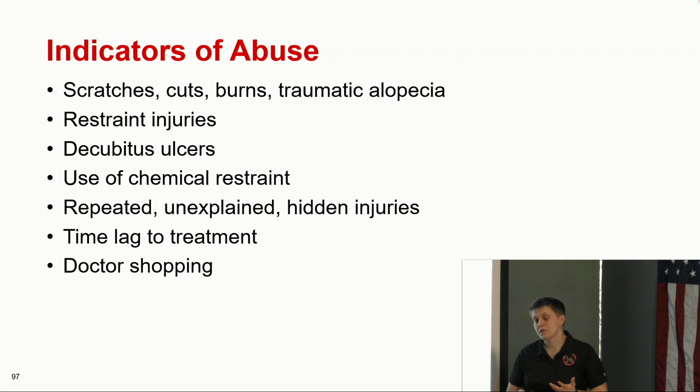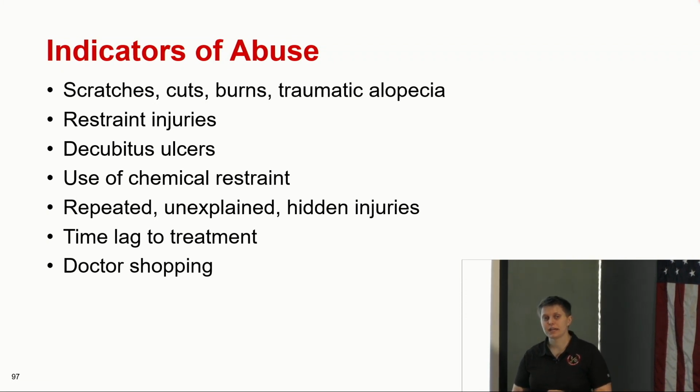Decubitus ulcers, although they're common in elderly patients who are sedentary or non-mobile, particularly our nursing home patients, a poorly cared for wound may be a sign of neglect. Use of chemical restraints, so patients who have strange things on their medication list, or who are being administered certain meds just to calm them down, quote unquote.